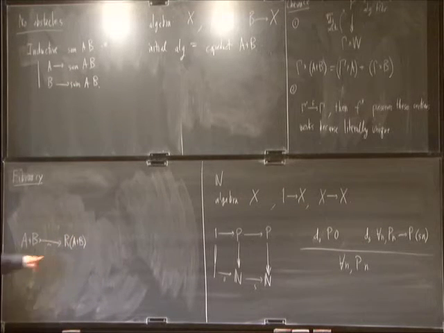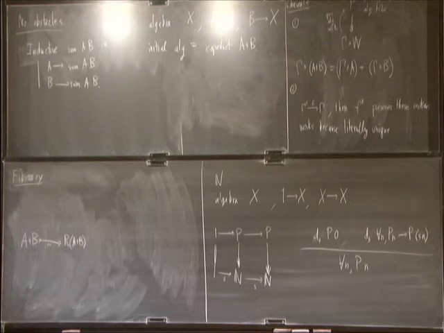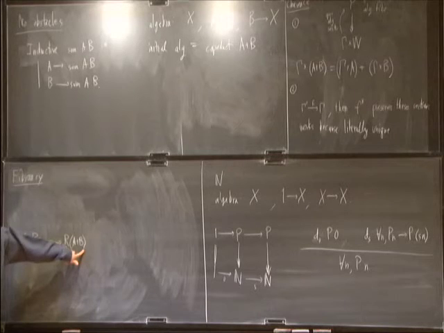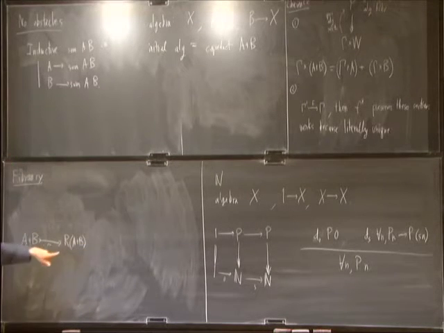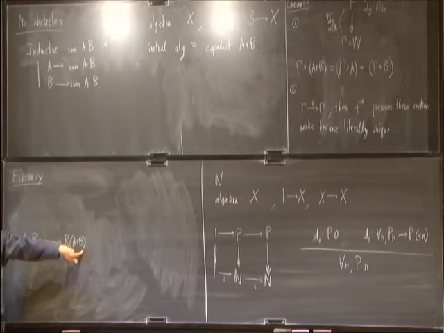And this fibrant object is usually written as R of something, for reasons which are kind of obscure. My claim is that this R of A plus B has the correct elimination property to be the coproduct in the type theory. It is fibrant because we've constructed it to be a fibrant replacement.